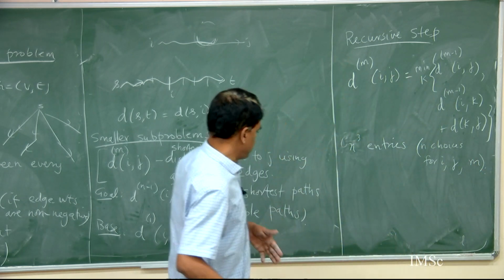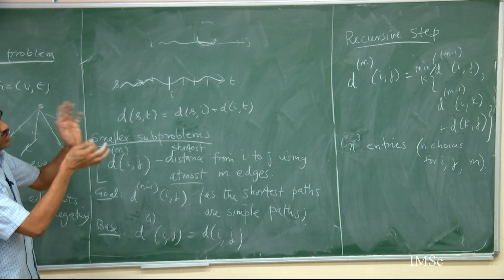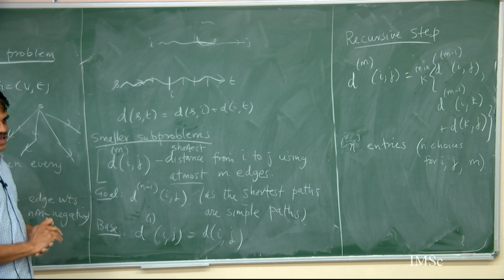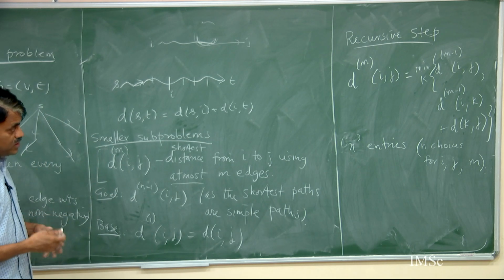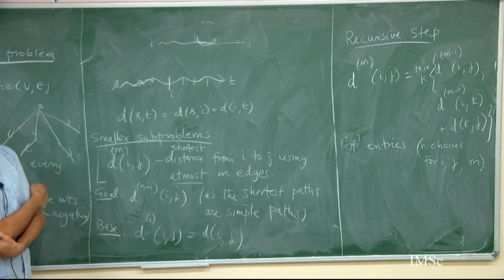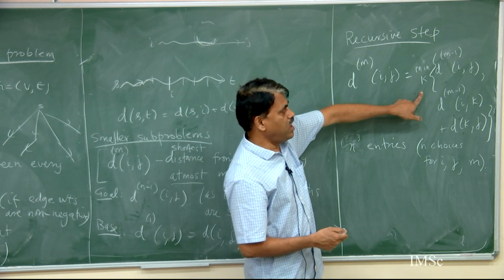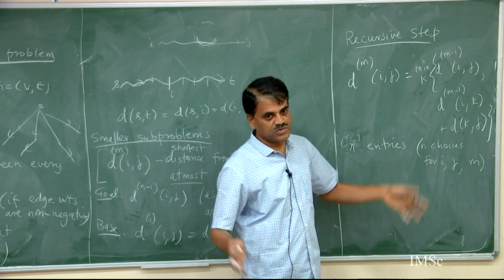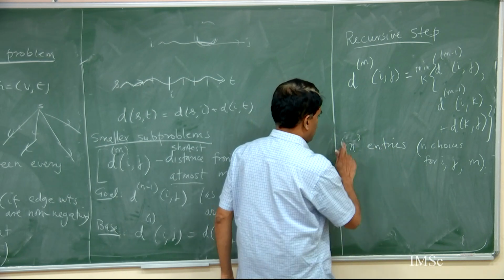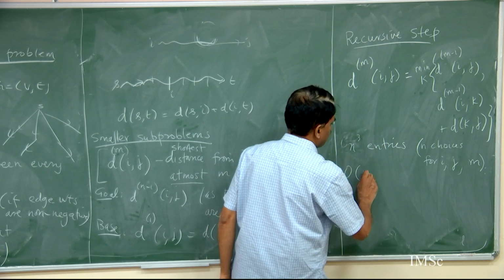This m as well, because we know it goes up to n minus 1, so it's basically theta n choices. So it's n cubed entries, and to compute each entry, how much time? Min over all k, which are neighbors of j, it could be as bad as n. So it's overall n to the power 4.